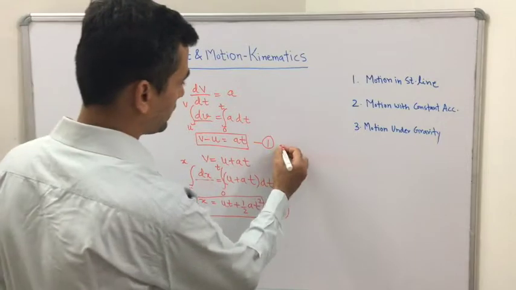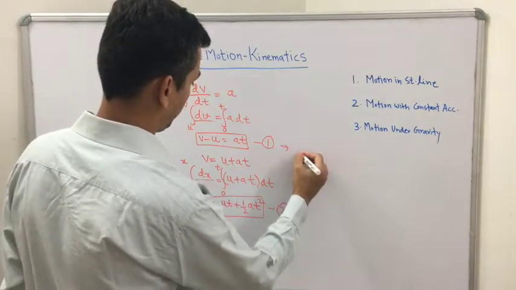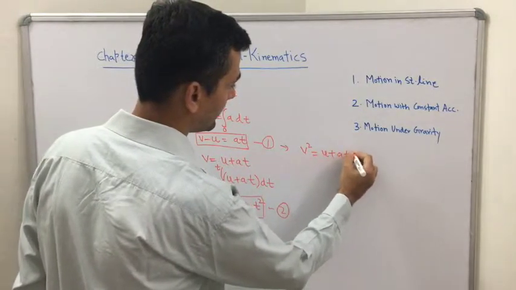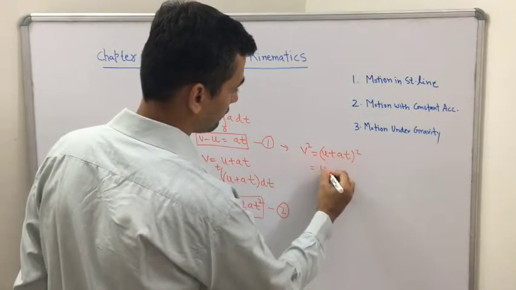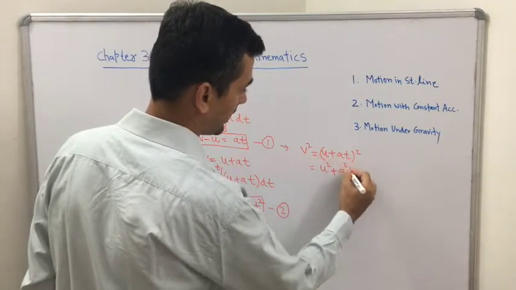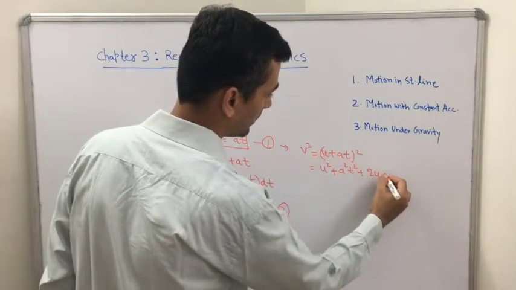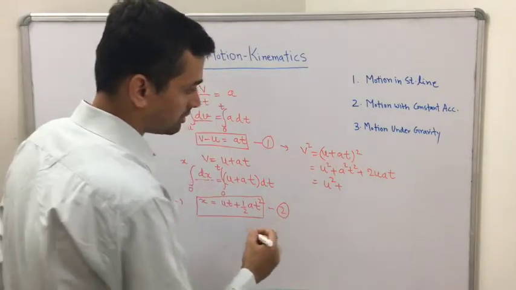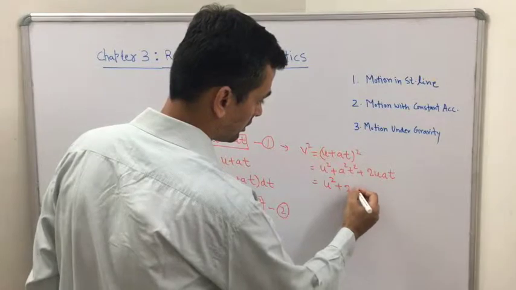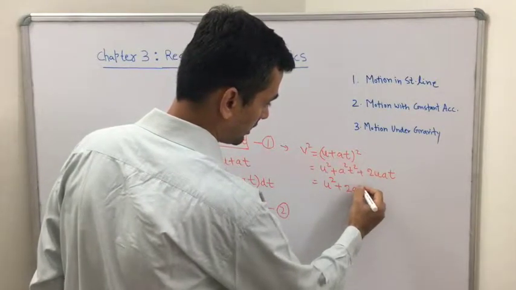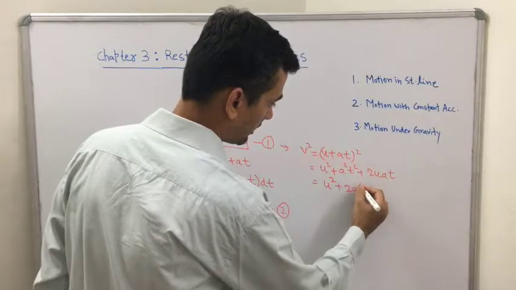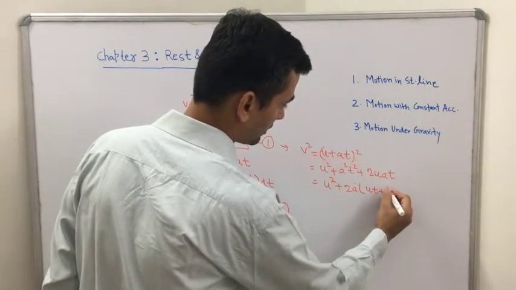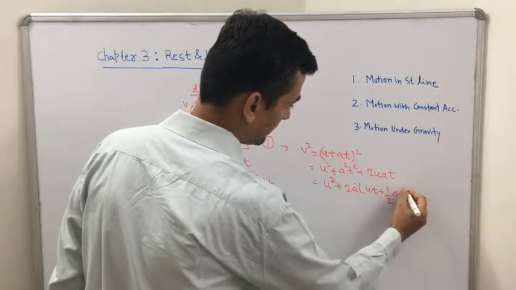So from equation 1, I can say v square is equal to (u plus at) whole square. So this gives me u square plus a square t square plus 2uat. So this gives me u square plus 2a times (ut plus half a t square).